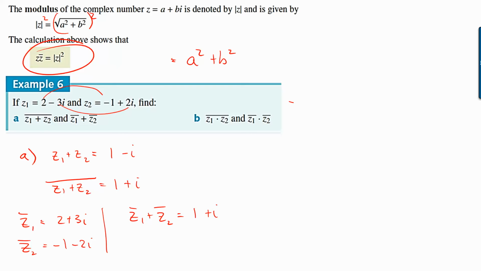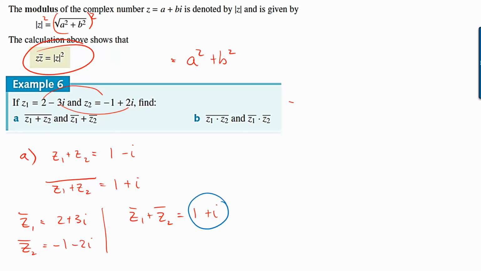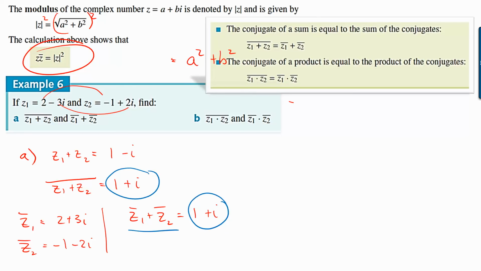Now what I want you to see here is very key. My answer for z1 conjugate plus z2 conjugate individually is actually the same as z1 plus z2 all conjugate. See, they're both different ways, but they both have the same answers. Now, if you try the second one, you should find that this definition is true.